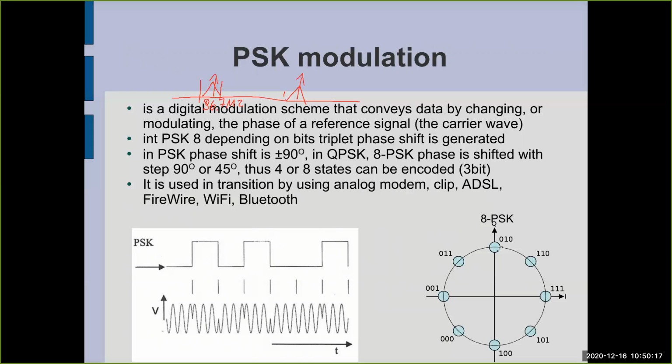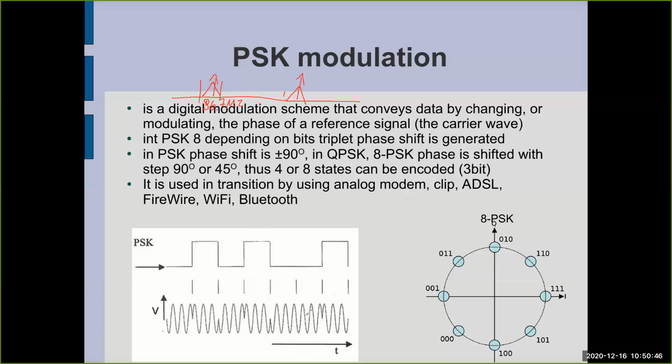So for example, having 111, it generates a phase shift by 90 degrees. If we have 110, it shifts the phase by 45 degrees. So every change will generate a shift of the signal by a particular angle, let's say.